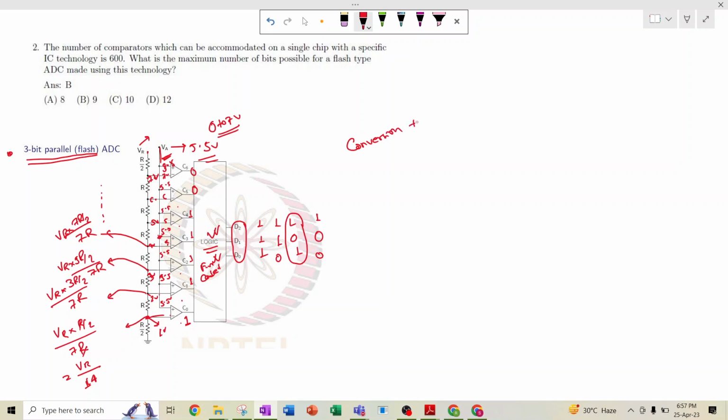Conversion time is very less because all these comparators are working in a single clock cycle.